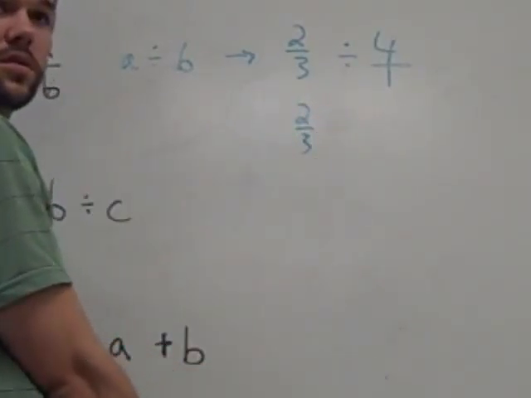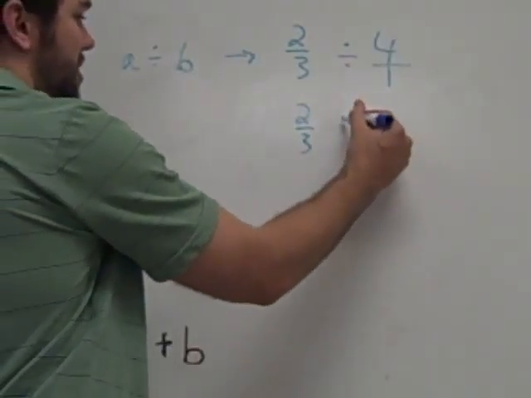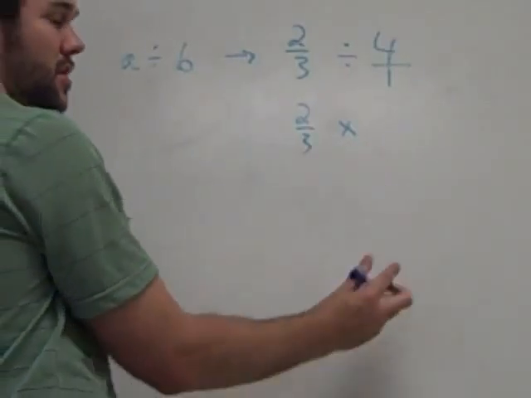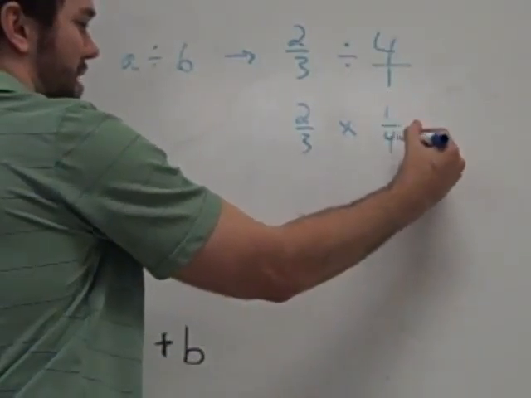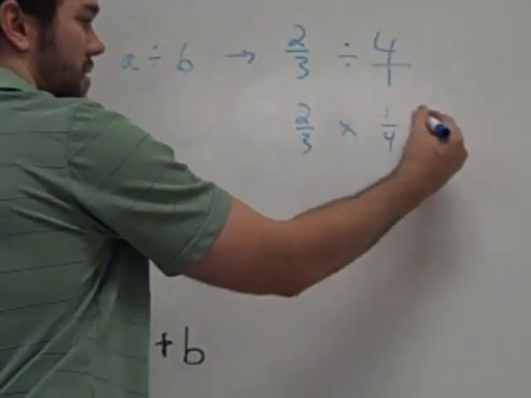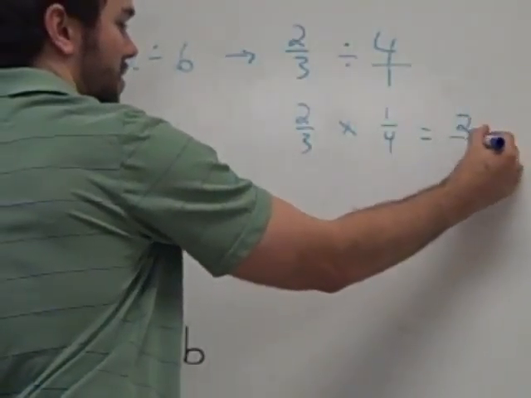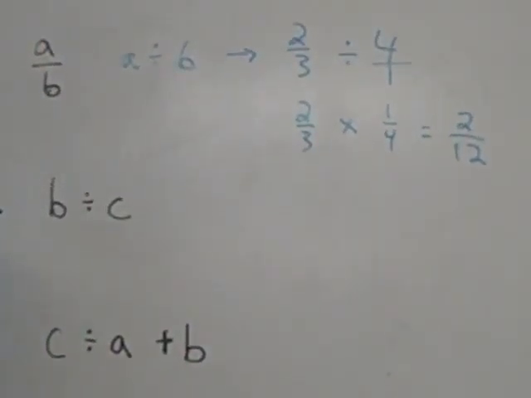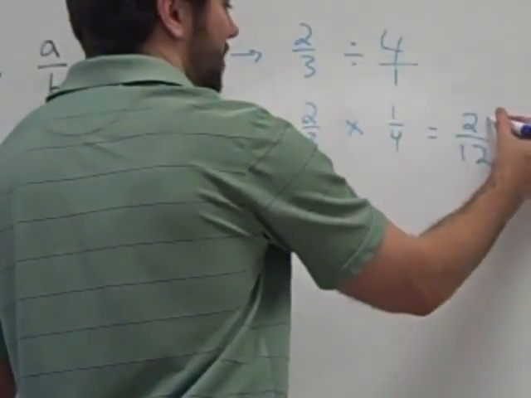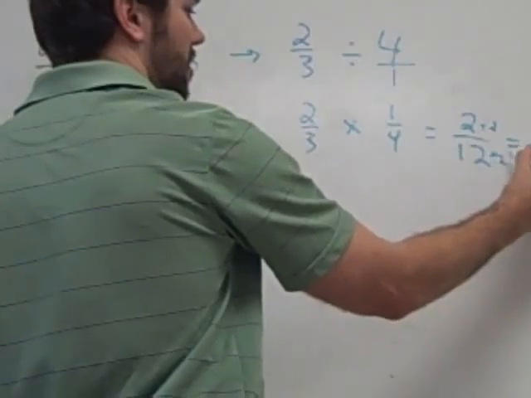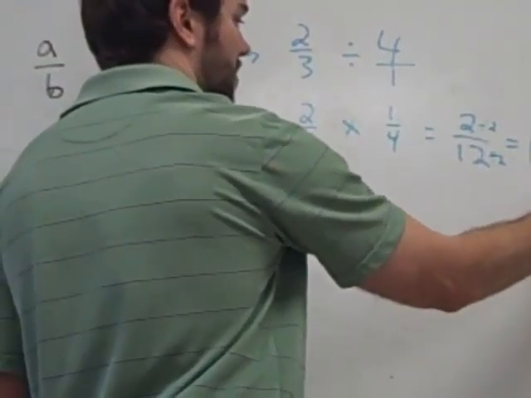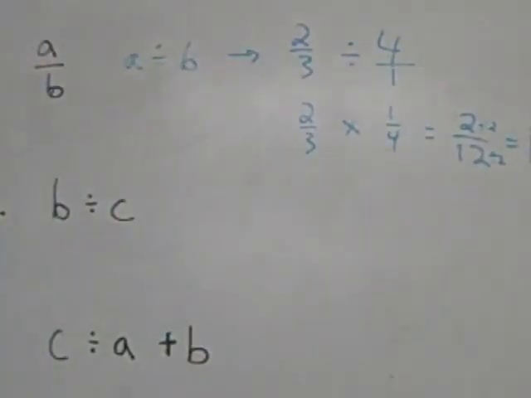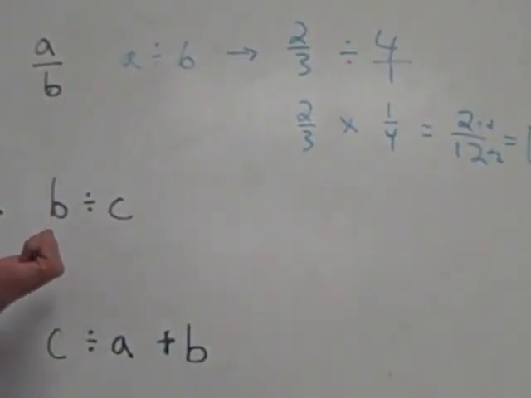And then I'll switch it to times. Flip it. And now it's easy. 2 times 1, 3 times 4. 12. Simplify to what? Divide by 2. 1/6. Easy, right?